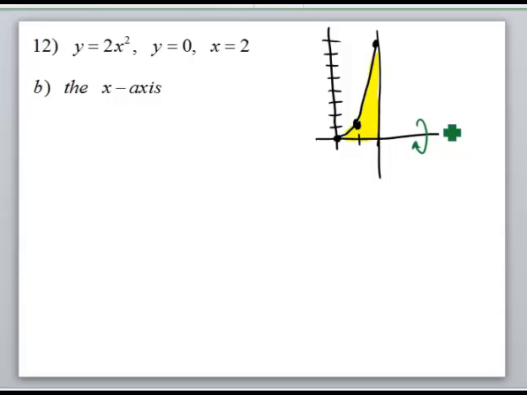So what it actually does is it creates not a washer this time, but a disc. Here's the little section that I can talk about drawing in. Notice how it sits on the x-axis, and I can see that it creates a disc.